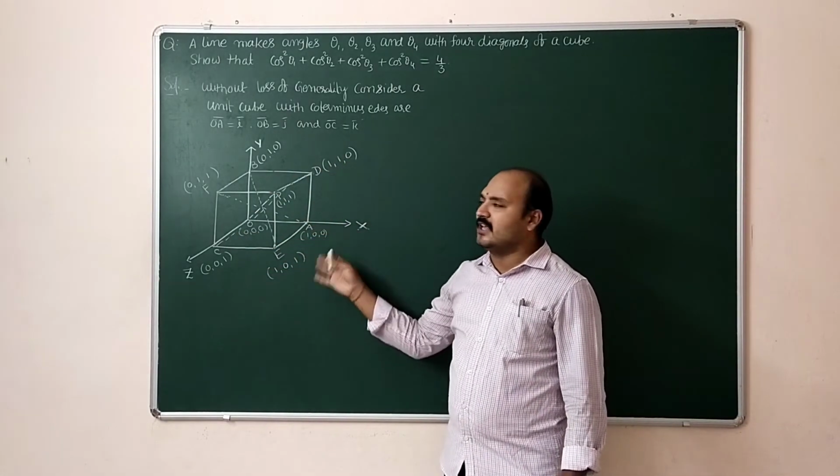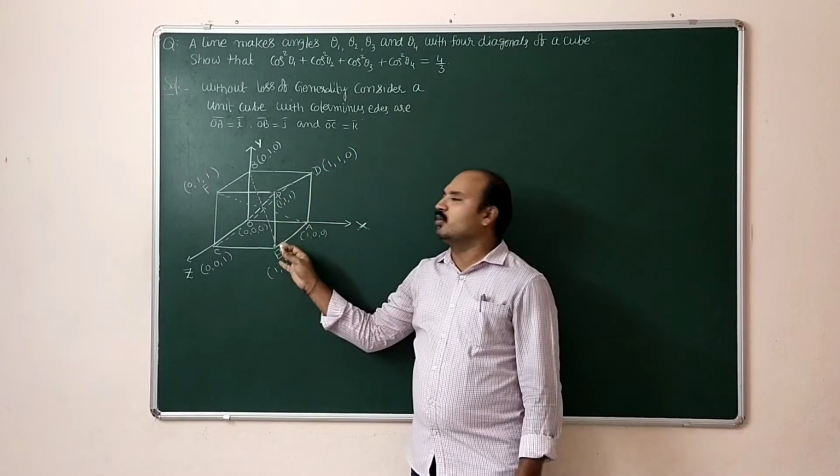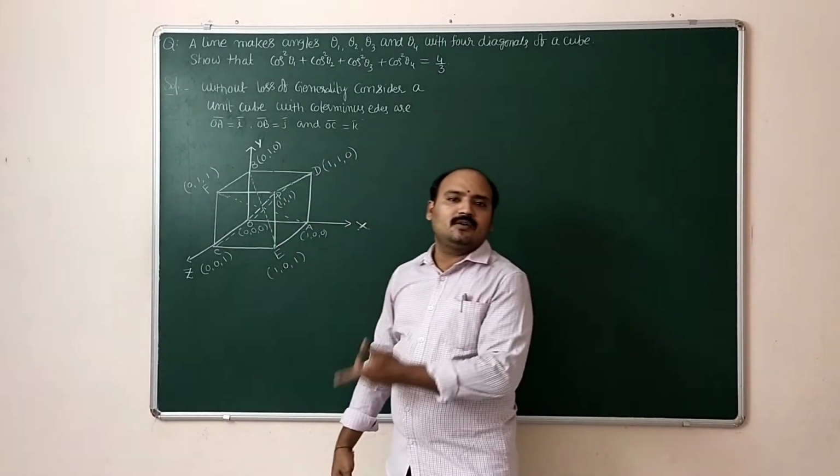Whatever we discussed here: consider a unit cube with coterminous edges and the points also. After that we will convert them into vectors.